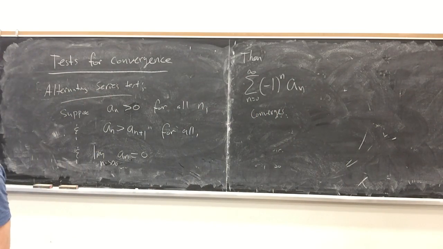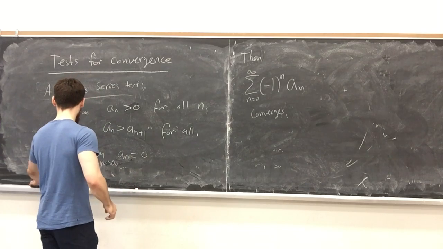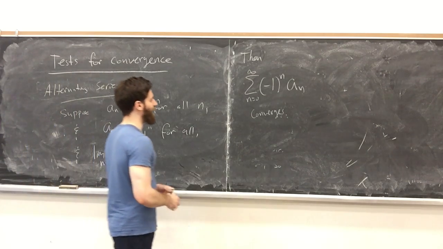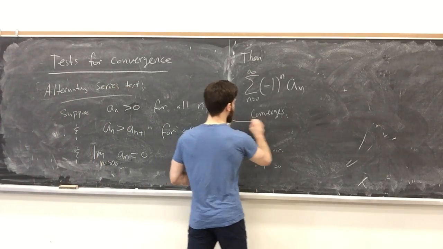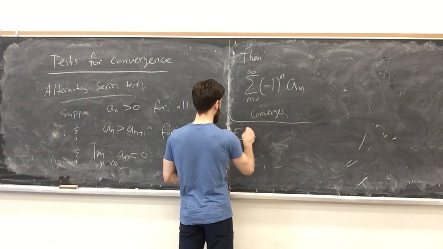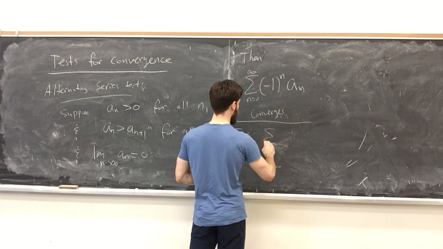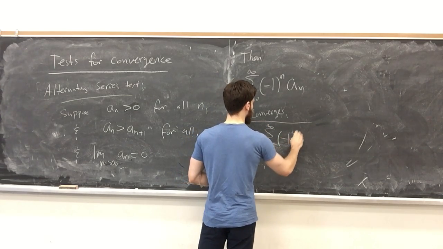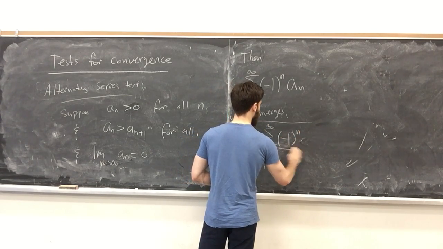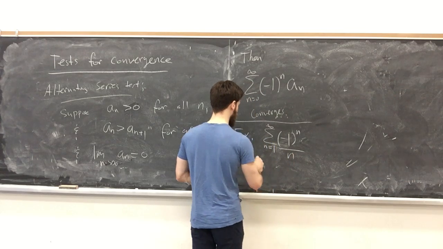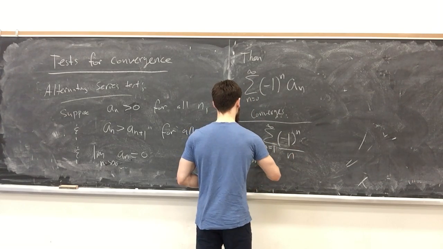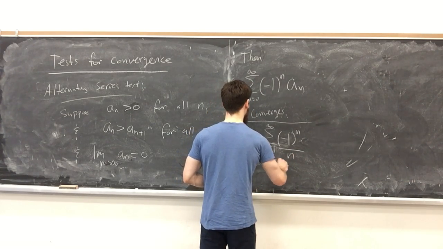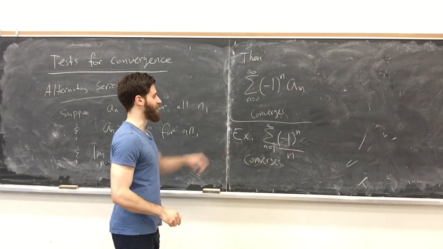What's a good example of this? The simplest example is the one they give. So, example: this converges. You should think about how to apply the alternating series test to this example.